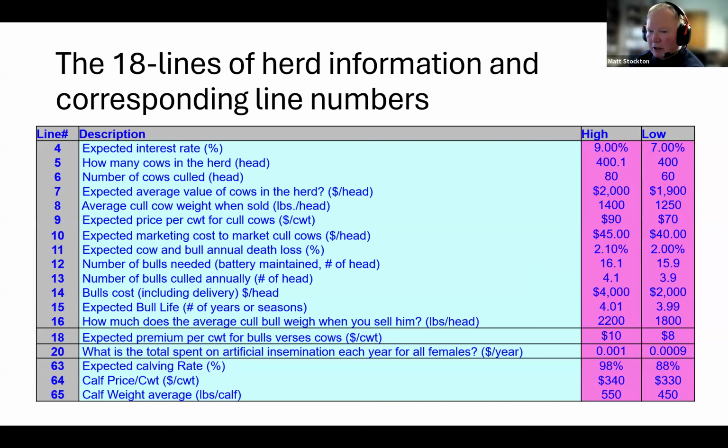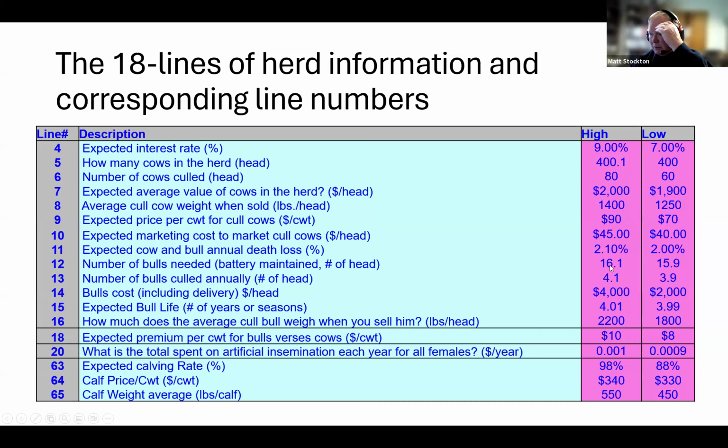Those are the two extremes. The model is going to use those values, the low, the high, the middle and everywhere in between, and show you how much risk you have based on your price range. So we're going to talk about that. It also has death rate, and it has all kinds of things in here.